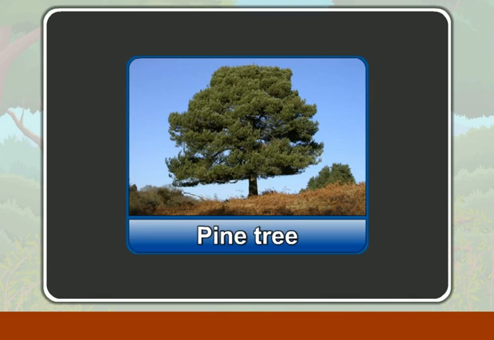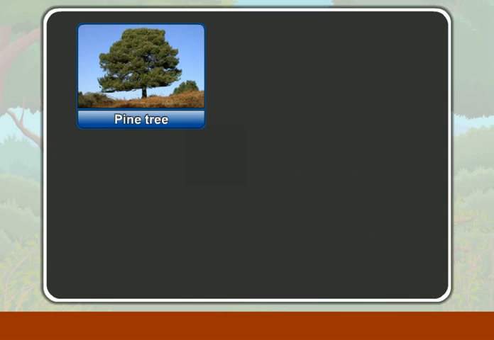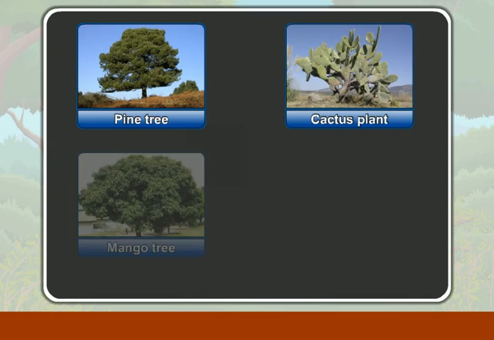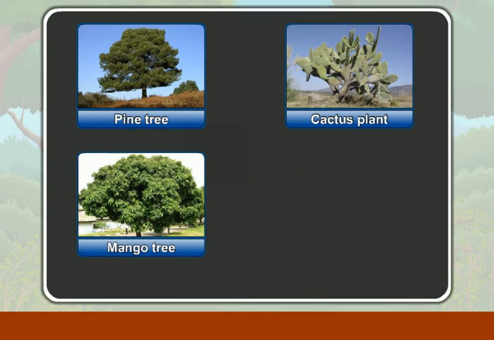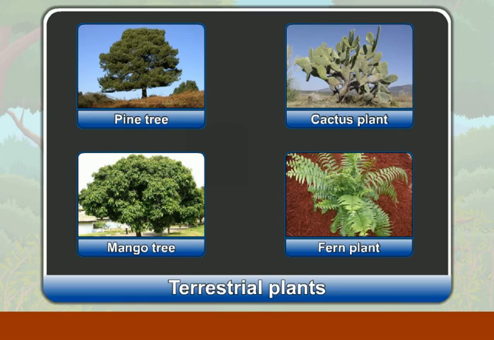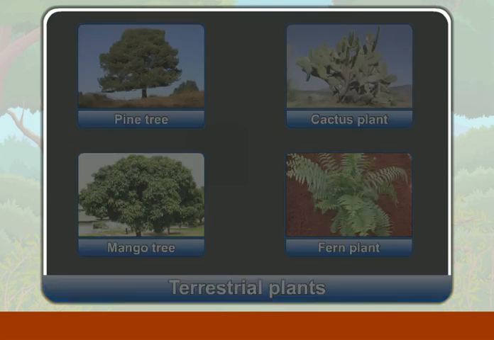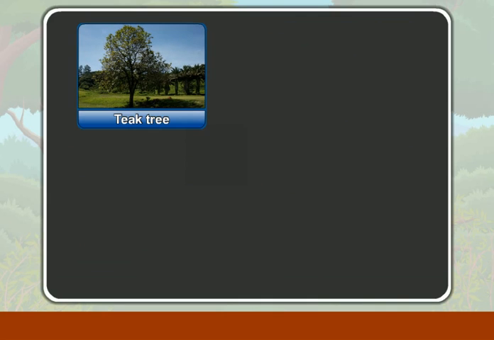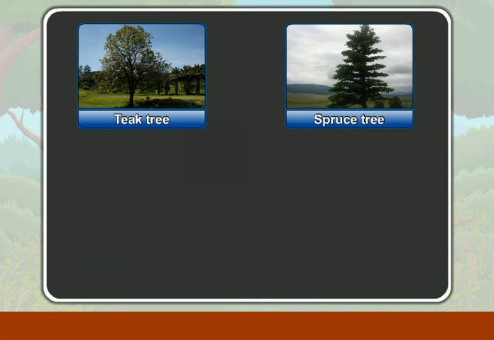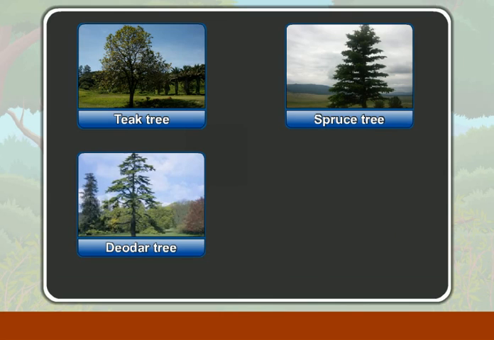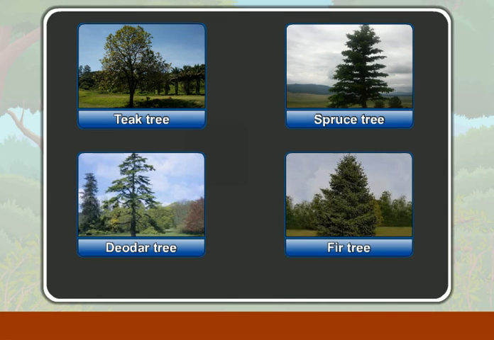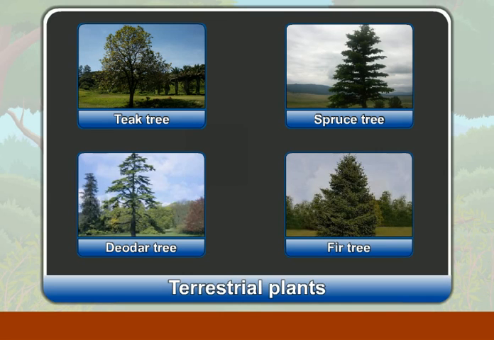So, plants like a pine tree, a cactus plant, a mango tree, and a fern plant are terrestrial plants. Plants like a teak tree, a spruce tree, a deodar tree, and a fir tree are also terrestrial plants.